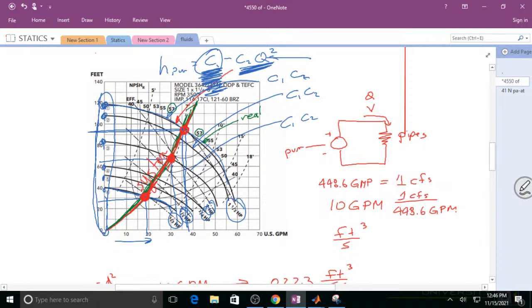So this was very hitchy sketchy because I didn't design a good system and I didn't pick a good pump. I could have done a better job of picking a pump, but maybe I'll look at it and we'll try to see if we can do a better job next time. But pump selection and system design is very tenuous.